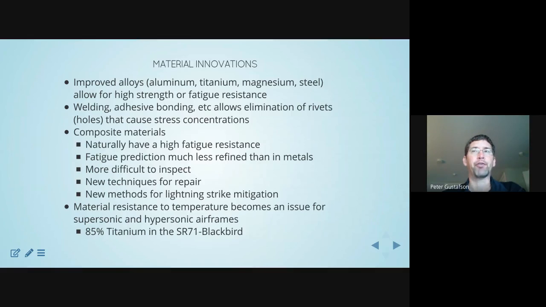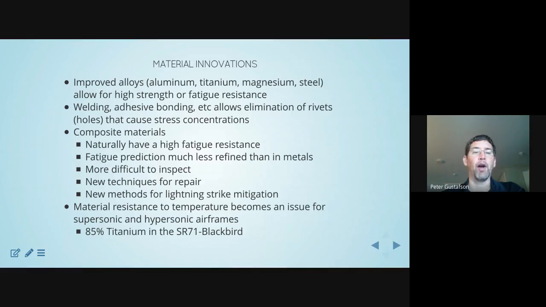So we have higher strength materials or more fatigue resistant materials, all coming in different aluminum, titanium, magnesium, and steel alloys. If you go to a higher strength steel, if it has the same resistance to fatigue, obviously you can decrease the mass of the steel part. So material innovation is quite important.